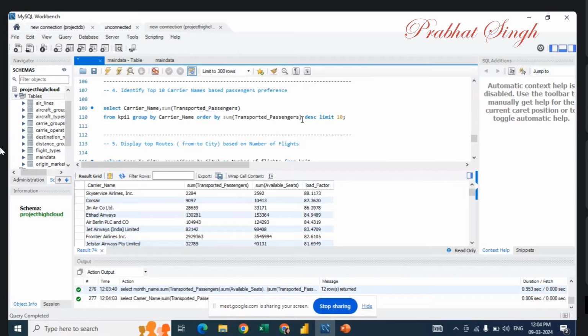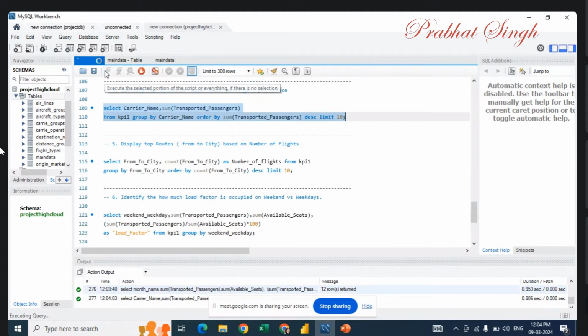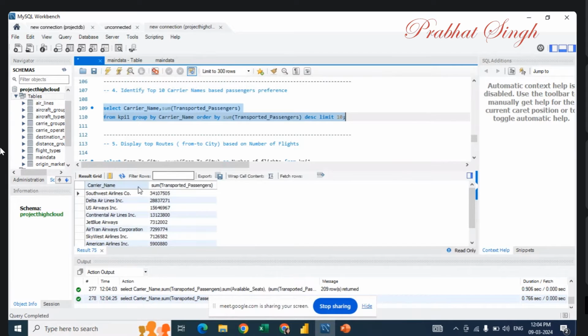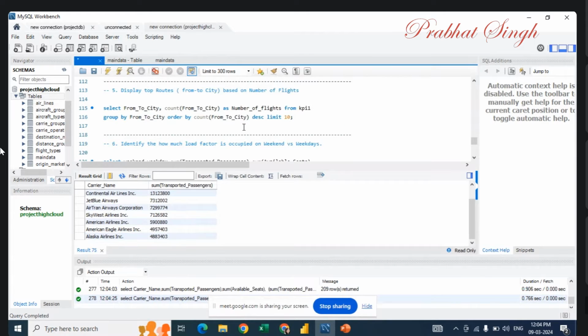Next, we have taken the top 10 carrier names based on passenger preferences. This is carrier names and the transported passengers by that carrier, or by that flight company.